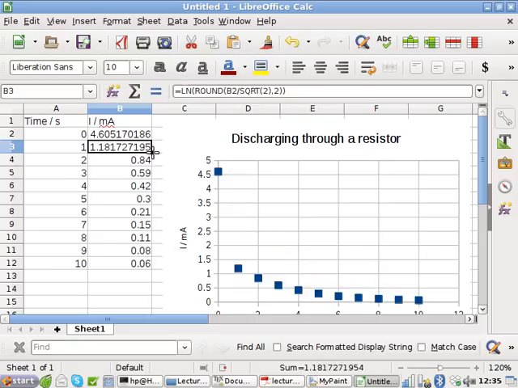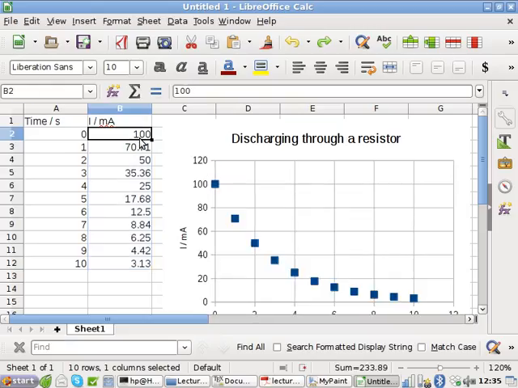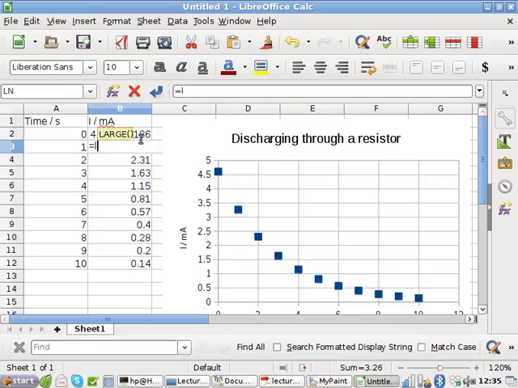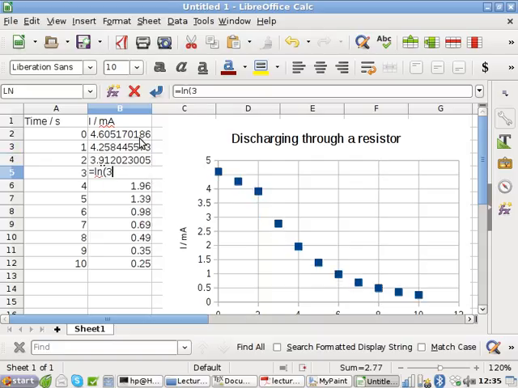So all of these numbers, I calculate the log of them. Here, I'll type them in one by one. The first one is log of 100. The second one is log of 70.7. The next one is log of 50. Next one is log of 35.4.